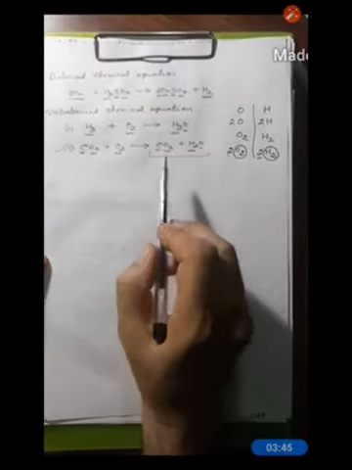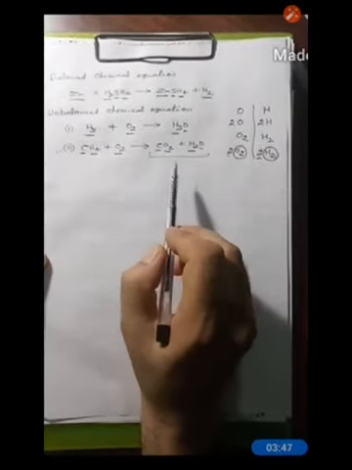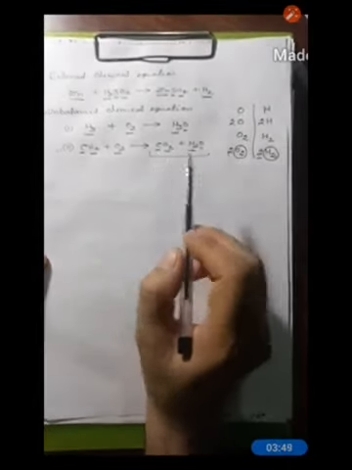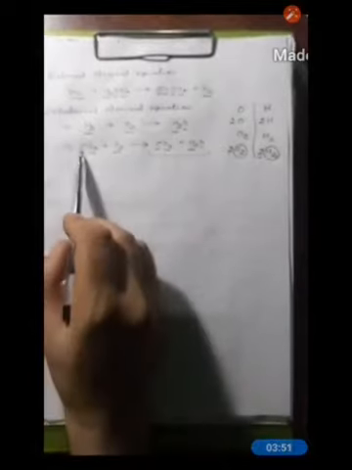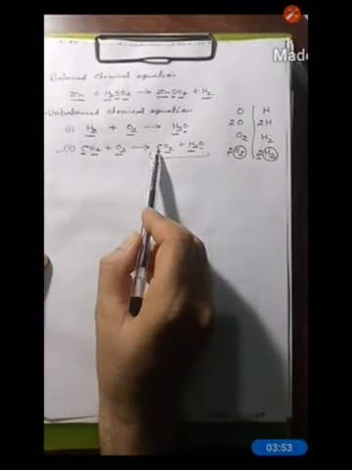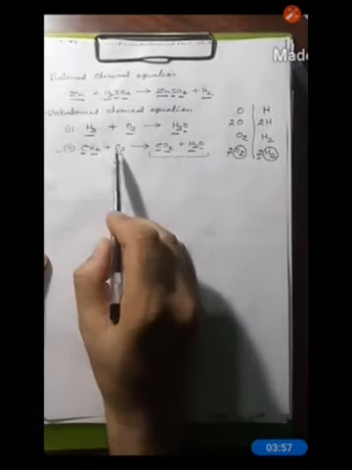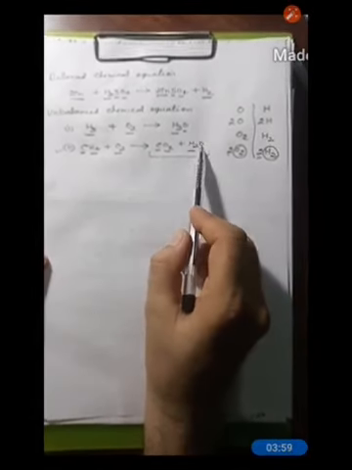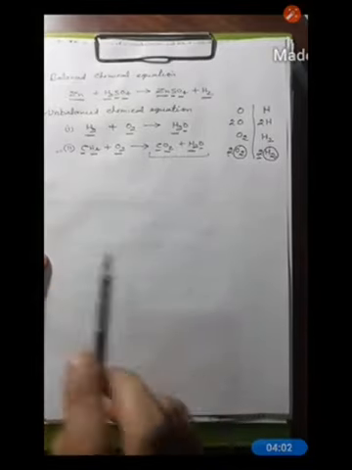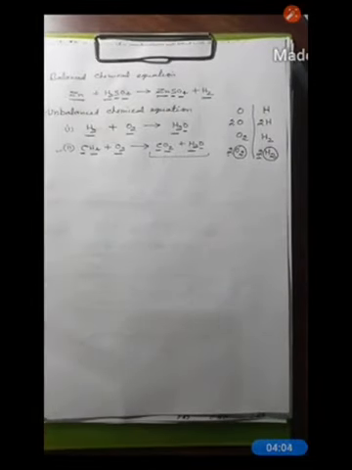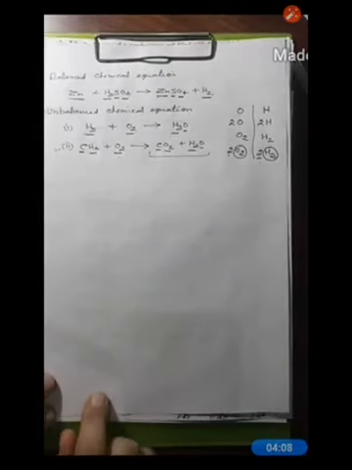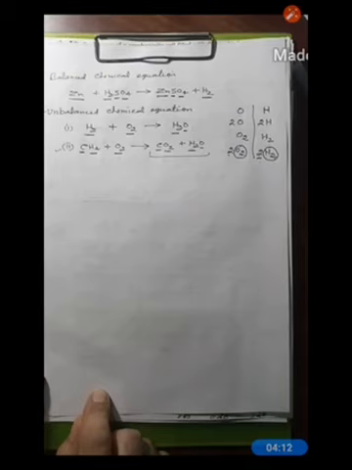So which elements are balanced and which are not? Carbon 1, carbon 1, balanced. Hydrogen 4, hydrogen 2, unbalanced. Oxygen 2 and oxygen 3, unbalanced. Such a reaction in which the total number of atoms on the left hand side and the right hand side for a particular element is not the same is called an unbalanced chemical equation.